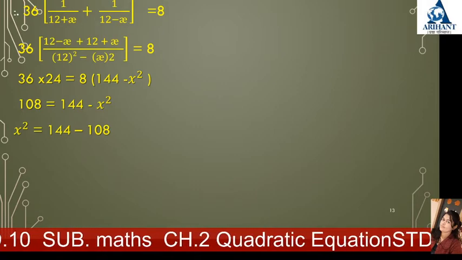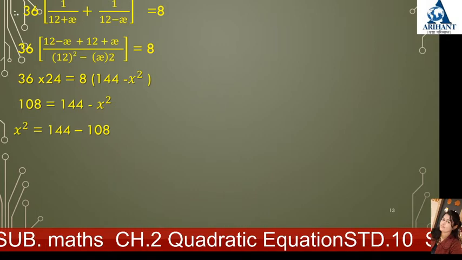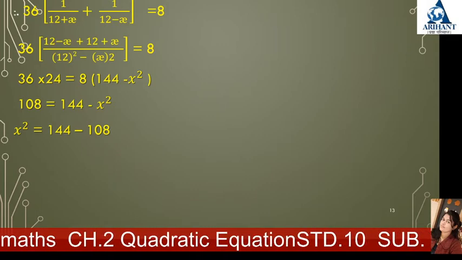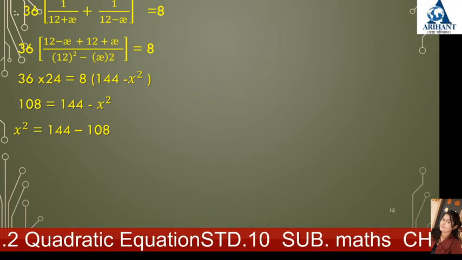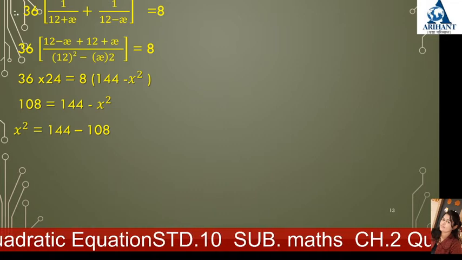So 36 into 24 is equal to 8 into the bracket 144 minus x square.